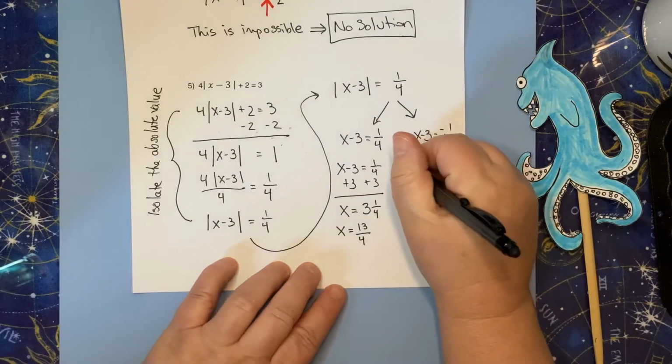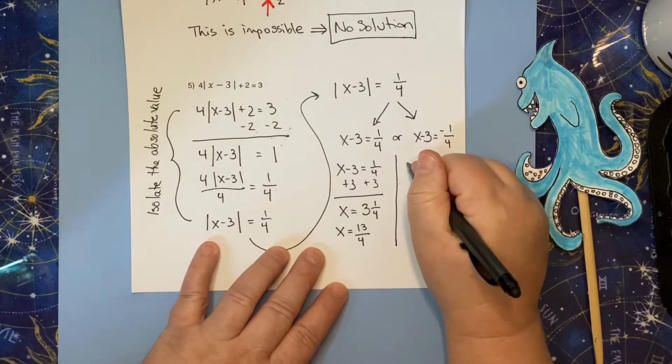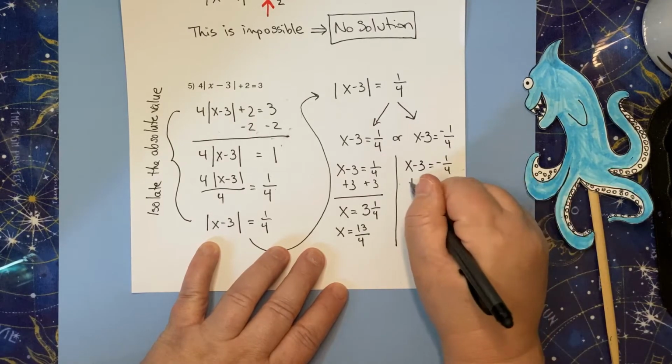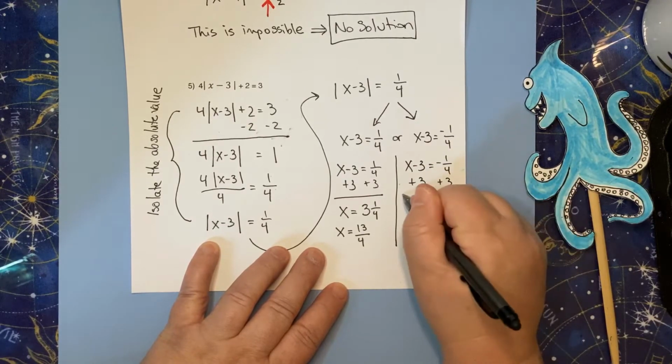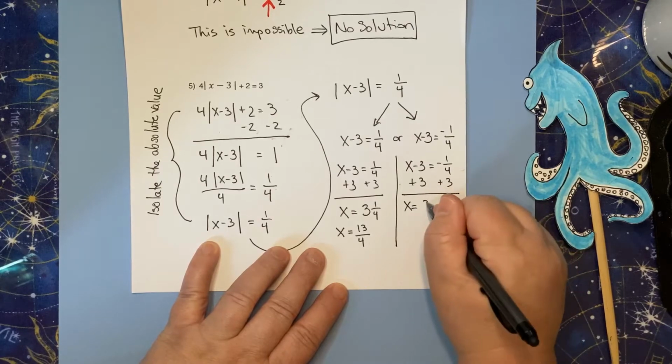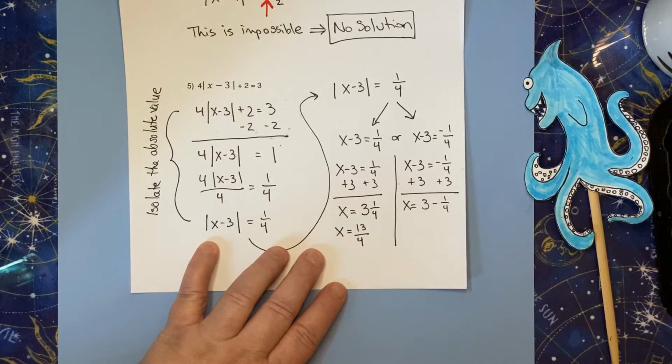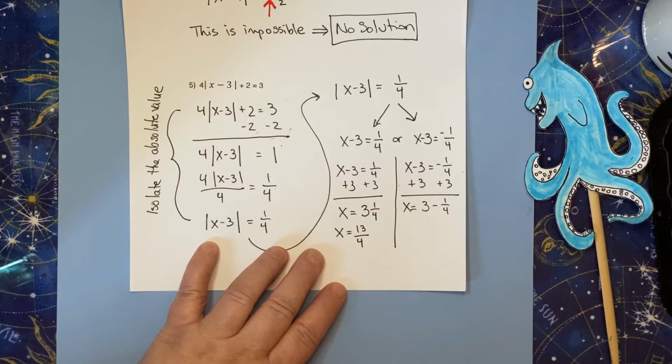And then over on the other side, I've got x minus 3 equals negative 1/4. This one's going to be a little bit more painful because x equals 3 minus 1/4. So if you happen to know how to do that, for example, if you do a lot of baking, 3 cups minus 1/4 cup, you may know off the top of your head.